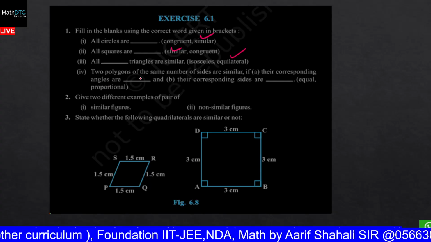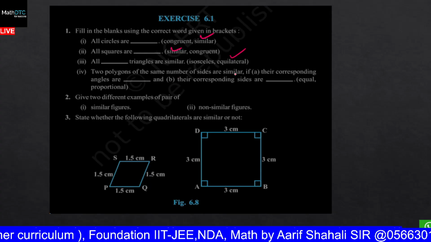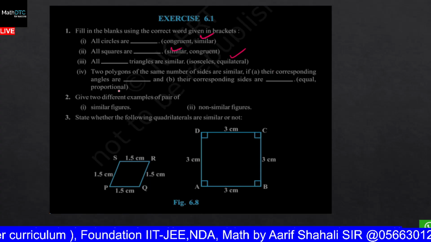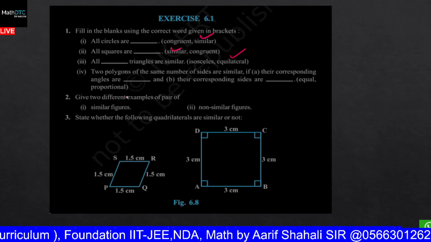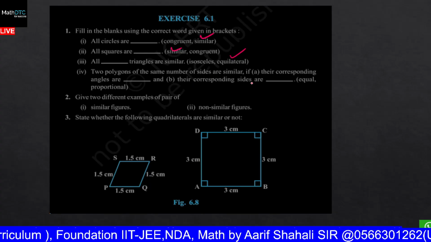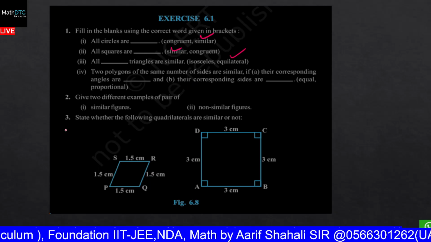Two polygons of the same number of sides are similar if their corresponding angles are equal or proportional, and their corresponding sides are equal or proportional.